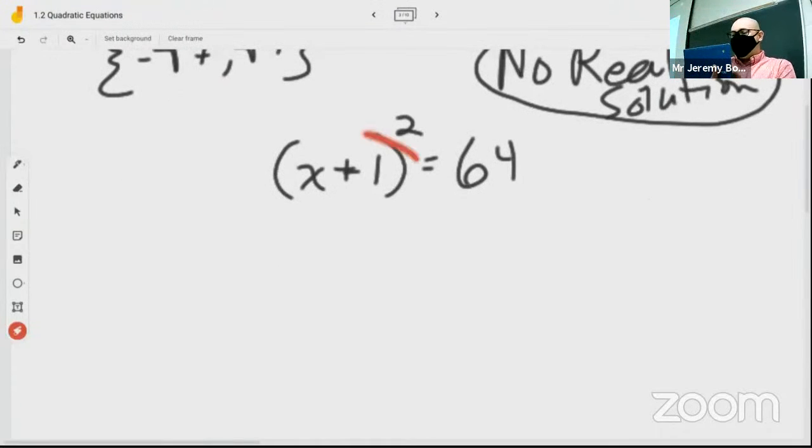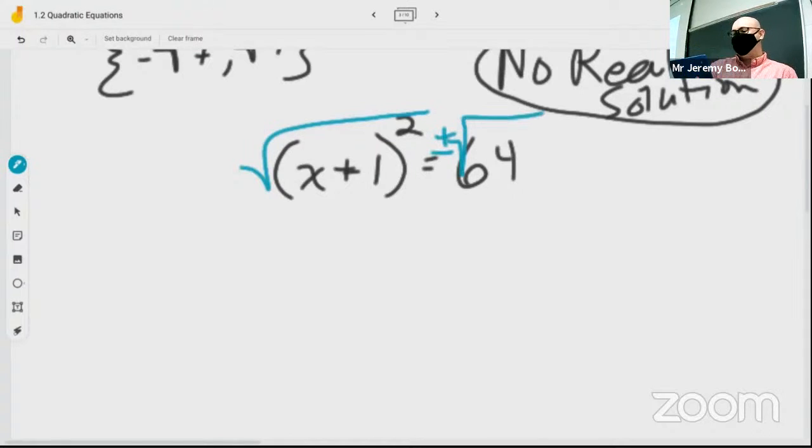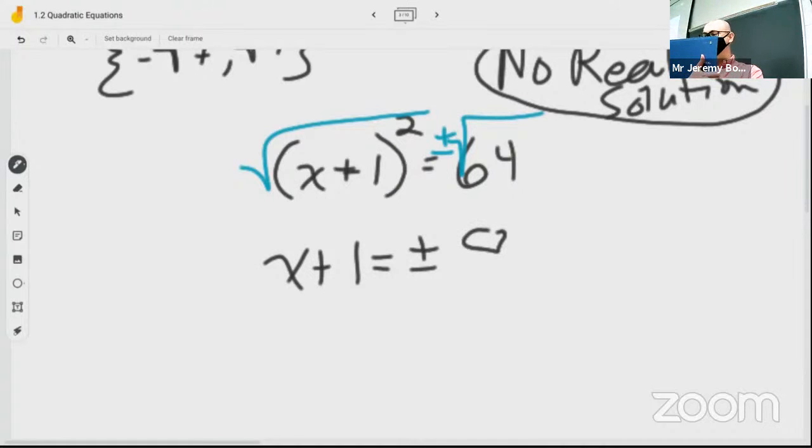This time we have a term of x plus 1 squared equal to 64, but this time it's a positive there. So we're going to do the square root of both sides, make sure this is plus or minus square root of 64. So this is going to be x plus 1 is equal to plus or minus the square root of 64, which is 8.